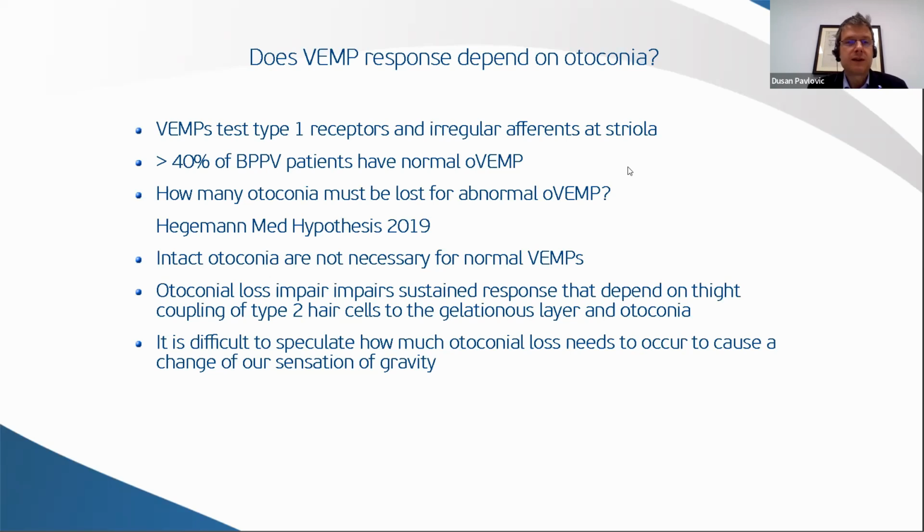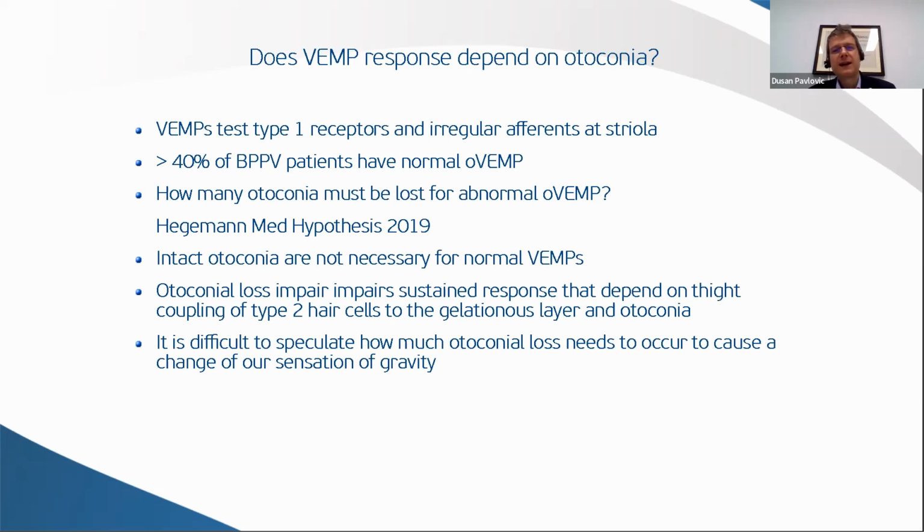As we mentioned at the beginning, VEMP tests type 1 receptors innervated by irregular afferents at the striola. And we saw that some patients with BPPV have normal OVEMPs.